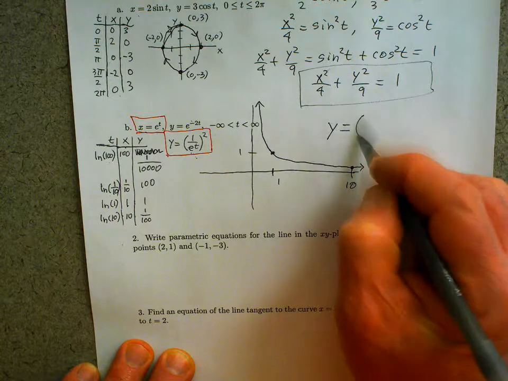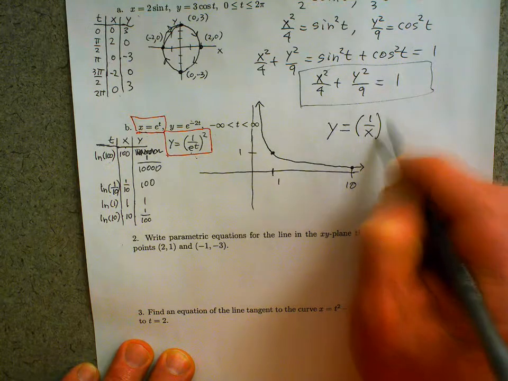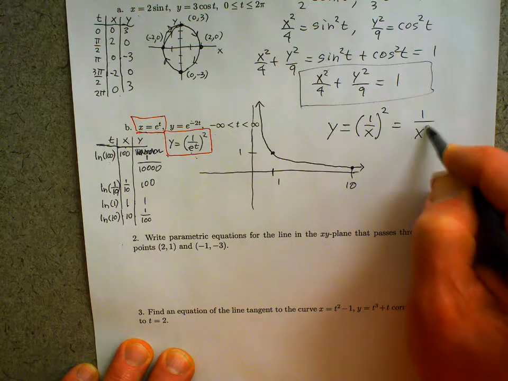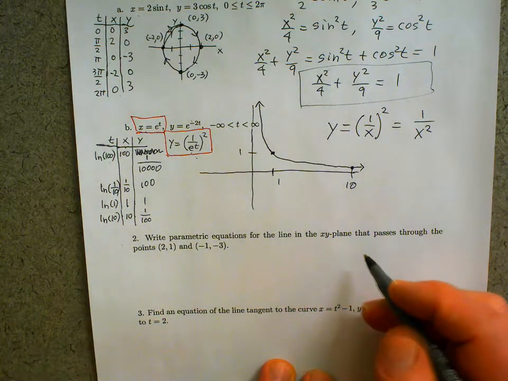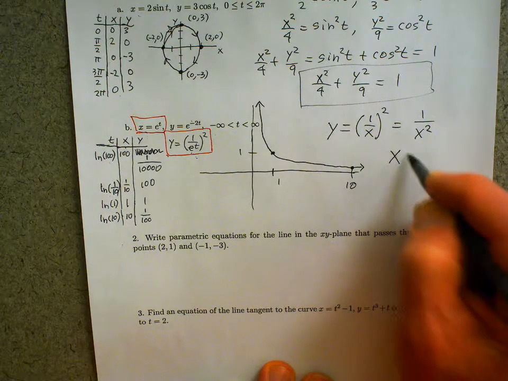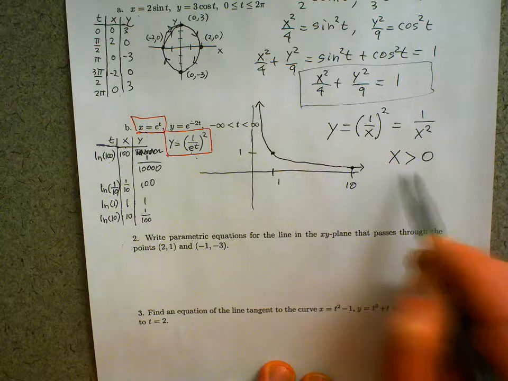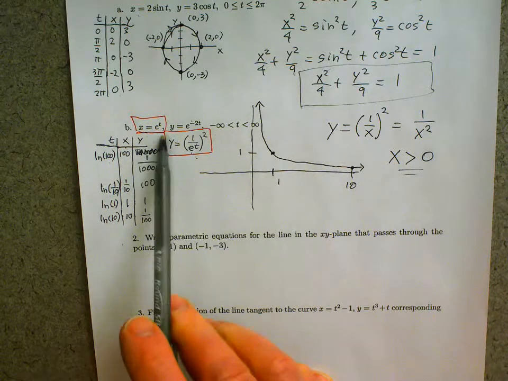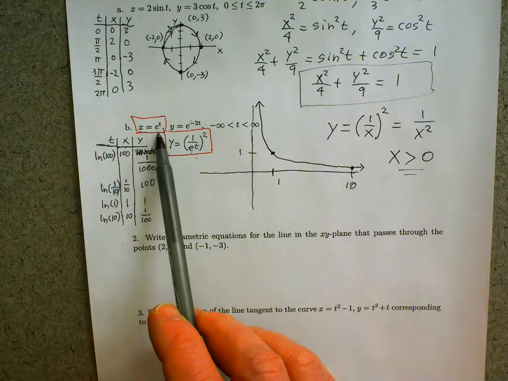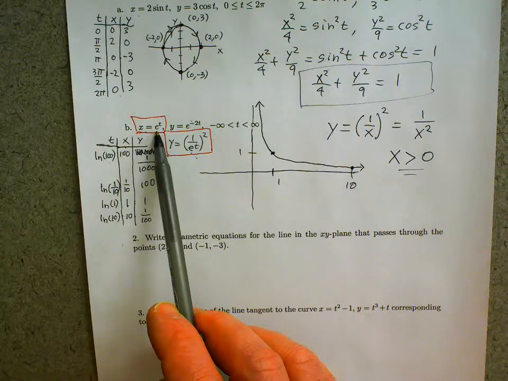So I get y equals 1 over x squared. But we should specify that x is strictly greater than 0, because x is e to the t, which is a positive number for all t.